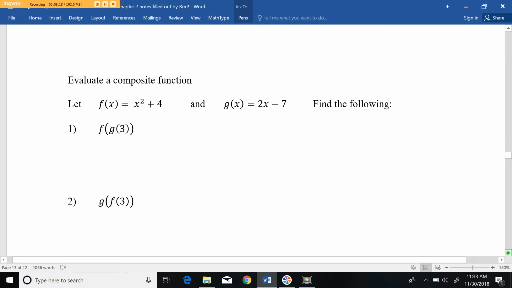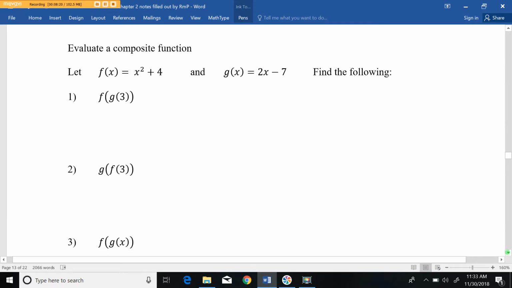All right. Evaluate a composite function. So this is the same thing we were just doing, except now we're going to actually put a numerical value in. Now there's a couple ways to do this. One, we could find f of g of x and then run 3 through it. Or we could find g of 3 and run that in through for x. And let me do that. Let's start by finding out this, g of 3.